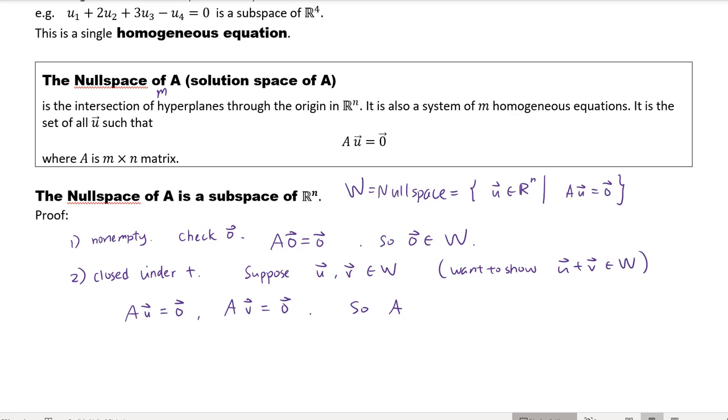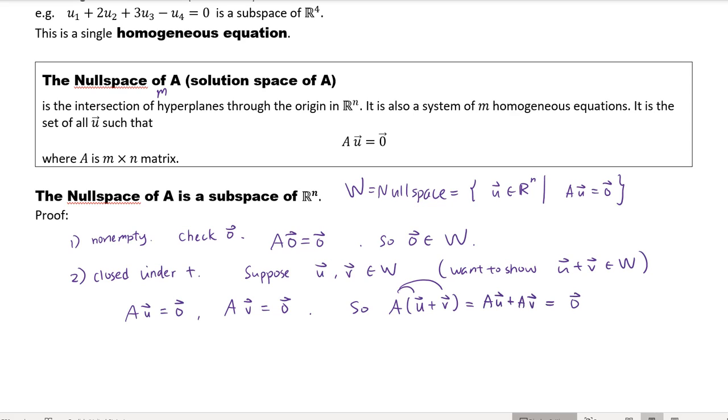So we want to find out what is A applied to the vector u plus v. Because matrix multiplication is distributive, we can distribute. So this is Au plus Av.